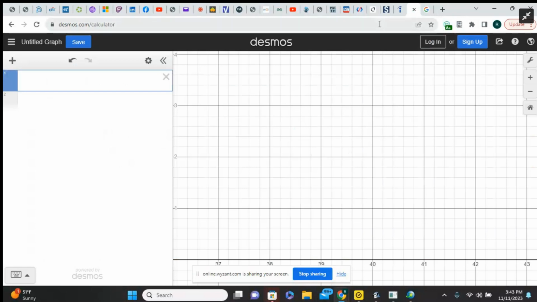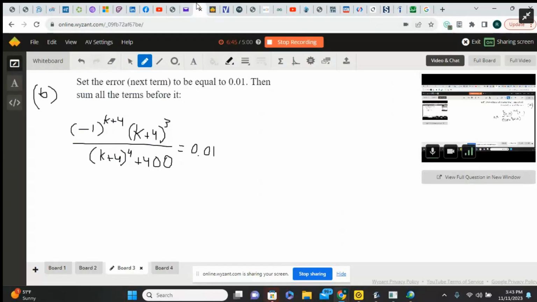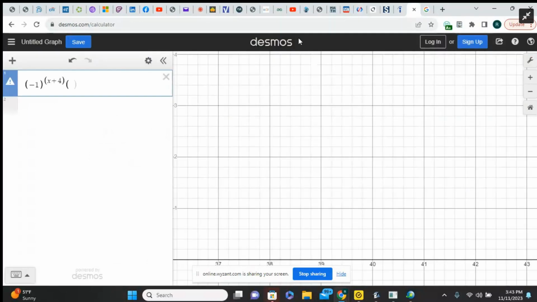Okay, it's ready. So we have negative 1 to the k plus 4. I'm going to put x plus 4, x plus 4 to the third, all over x plus 4 to the fourth plus 400.